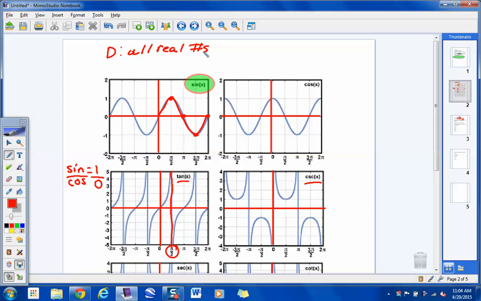Doesn't this graph just continue to go left and right? Are there any interruptions in the graph anywhere? Doesn't that occur where you have asymptotes? Yes. Okay. So the domain is going to be the set of all real numbers.